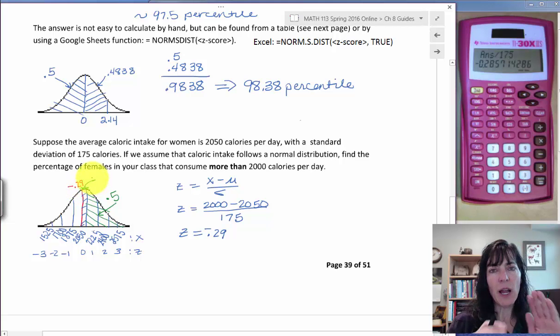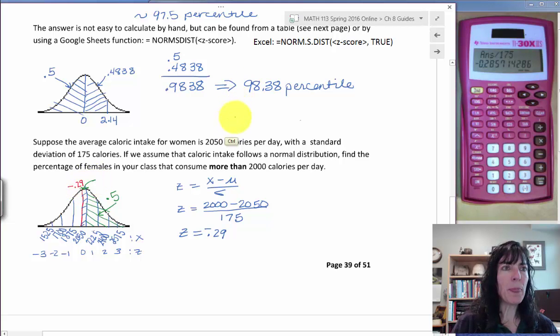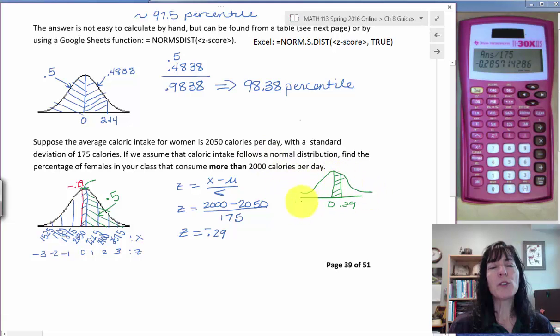And that one, I have to think about the symmetry. Remember the symmetry of the distribution tells us that from 0 to 0.29 on the right hand side, where I have a positive 0.29, that area there is going to be the same as this area that I'm looking for, which is to the left 0.29 from the mean.